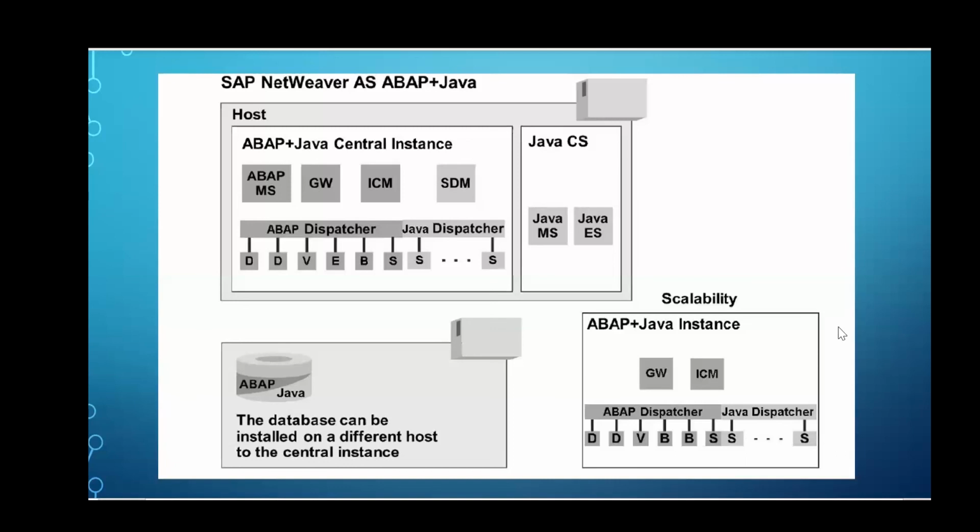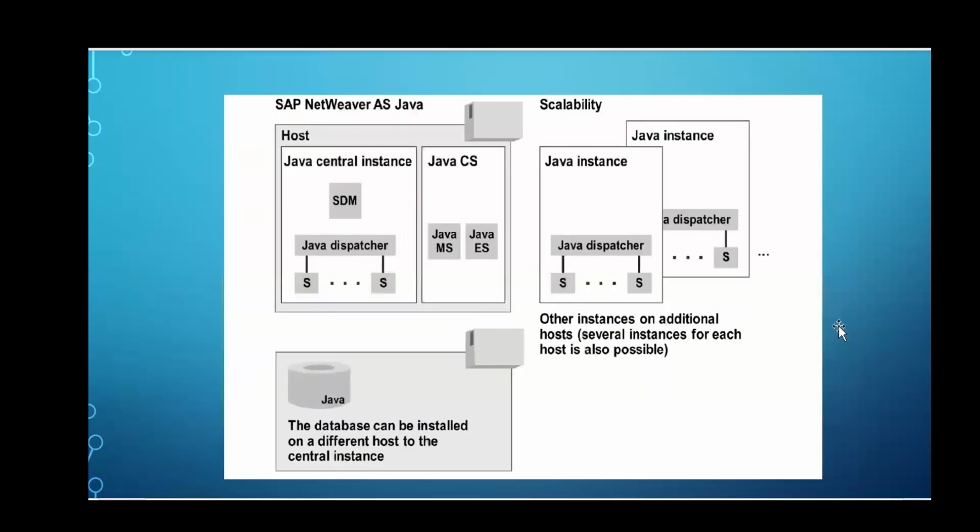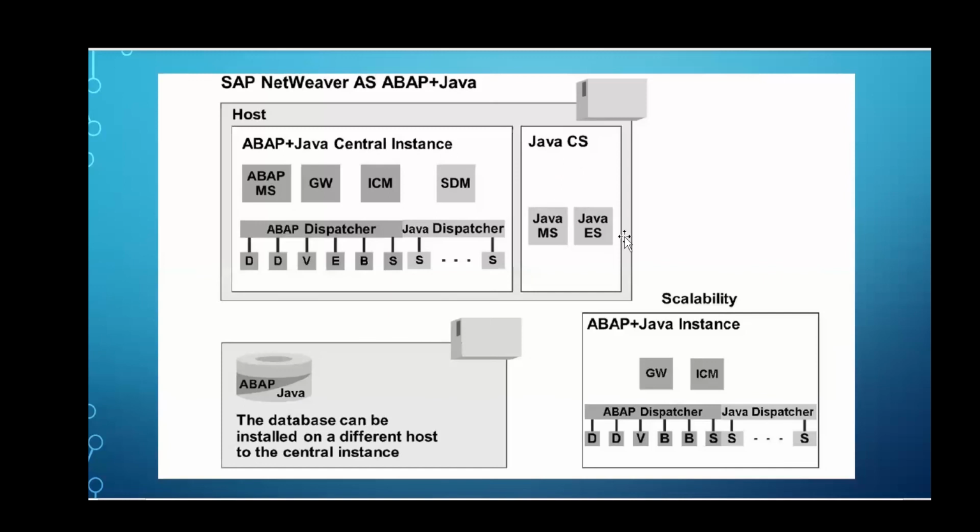What happens in the host? In host we have ABAP dispatcher as well as Java dispatcher. But when we come to Java central instance, we have only two services, two servers, Java message server and enqueue server. That's the same here also, right? In Java central service, I have my MS and ES.